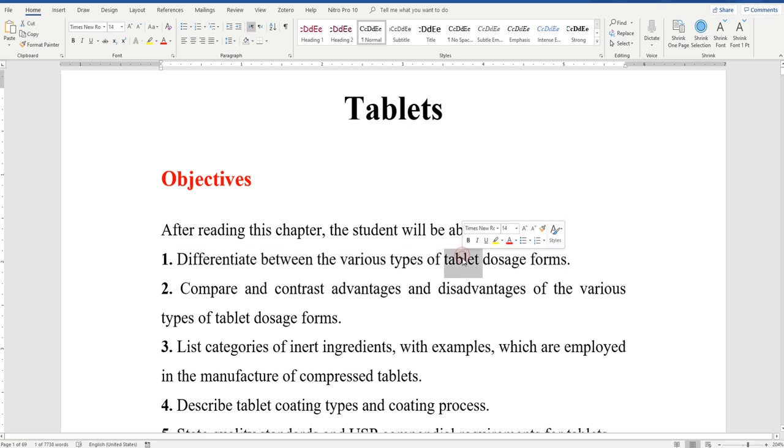This means that tablets are available in different forms. So you need to know the difference, and the use, advantage and disadvantage of various types of tablet dosage forms.